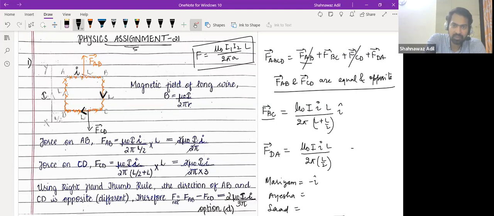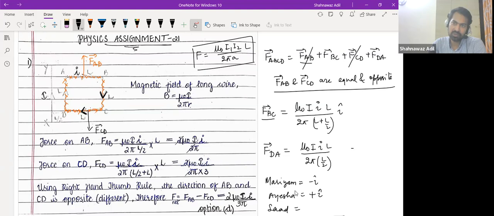Now the current is going upward, magnetic field is inside. So what would be the direction of the force? Yes, Aisha and Saad. So plus I, Aisha, you are getting plus I. And Saad, what did you use?